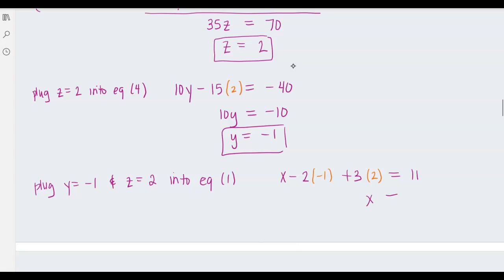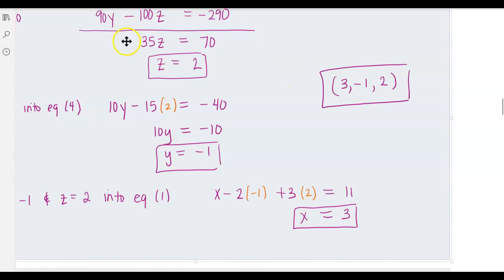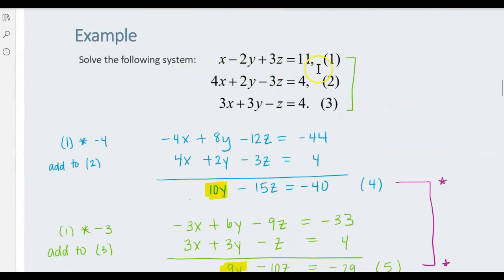So we have x equals, let's see, that'll be 11 minus 2 and minus 6. 3. x equals 3. So our total solution to this system of equations is 3 for x, negative 1 for y, and 2 for z. We could go back to that original set of equations and plug that single point in to make sure that it made all three of these equations true.